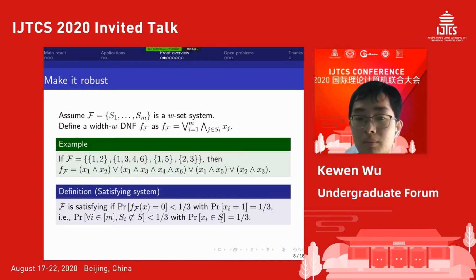That is, we sample a set S of the ground set by including each xi with independent probability 1/3. Then we require that the probability that this S does not cover any Si is less than 1/3. These 2 definitions are equivalent, and the first one comes from Boolean function perspective, and the second one is a set system perspective.